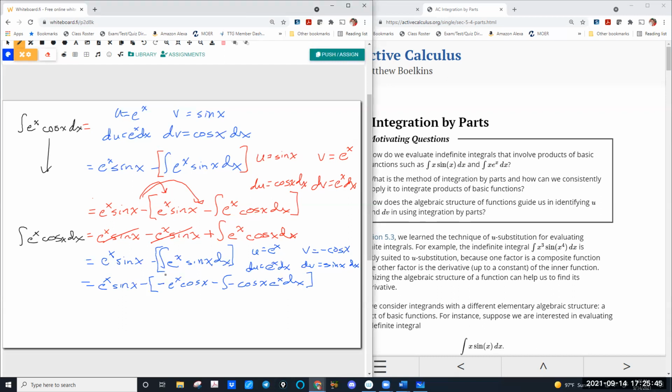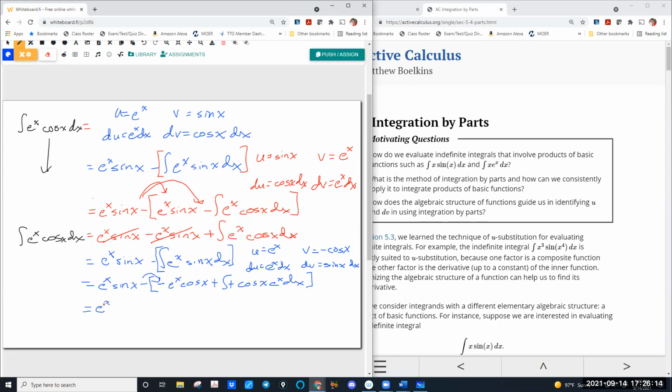All right. Now let's do something with this. But first off, we got to deal with this thing here. Like I said, I like pulling constants out front. We have a negative, negative. That's going to make a positive. So now we're going to distribute this negative here for our next line.